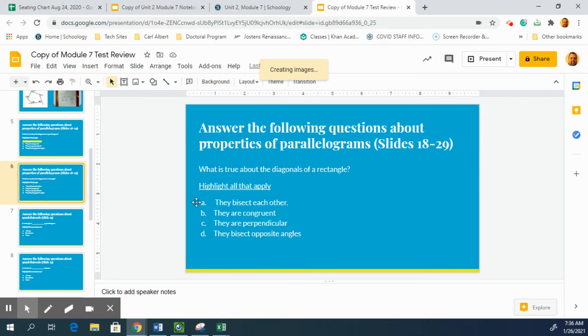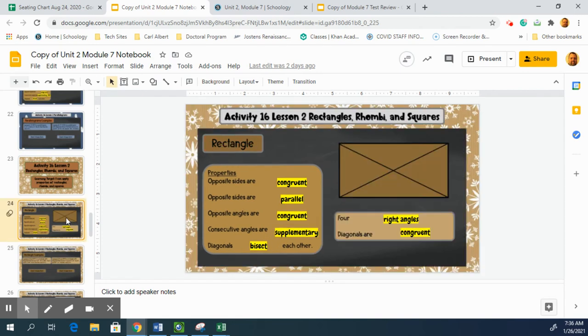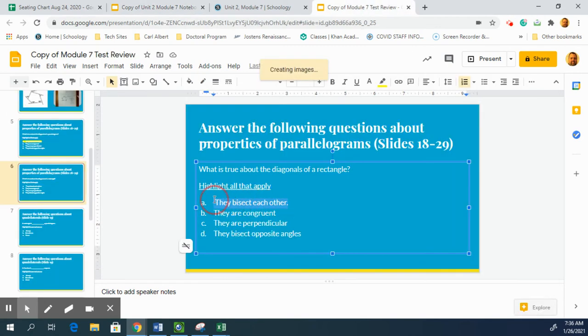Second question is very similar. What is true about the diagonals of a rectangle? So I'm going to find the rectangle in my notes. There it is. So again, it has the same properties as a parallelogram. So diagonals bisect each other. But it also says diagonals are congruent in a rectangle. So here, diagonals bisect each other.